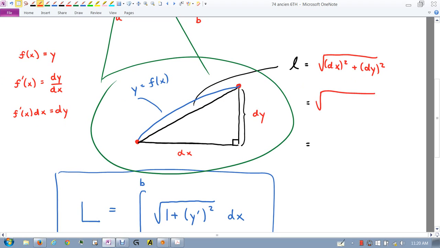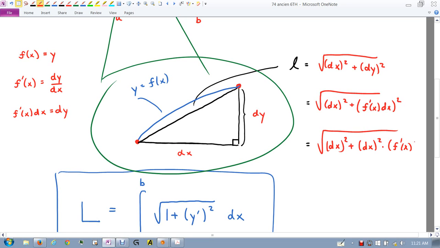You have the square root of dx squared plus f prime of x dx squared, which is dx squared plus dx squared times f prime of x squared. So all I did here was, since this is multiplication, I just squared each one.